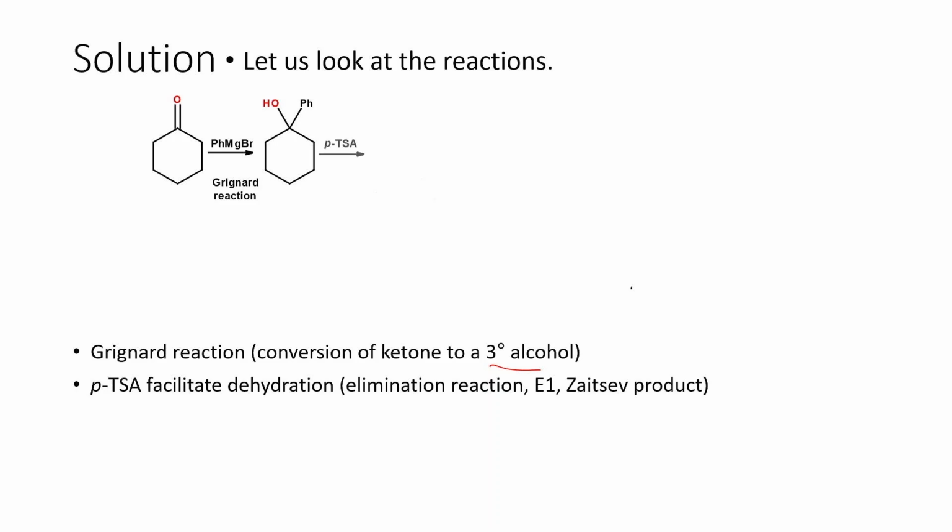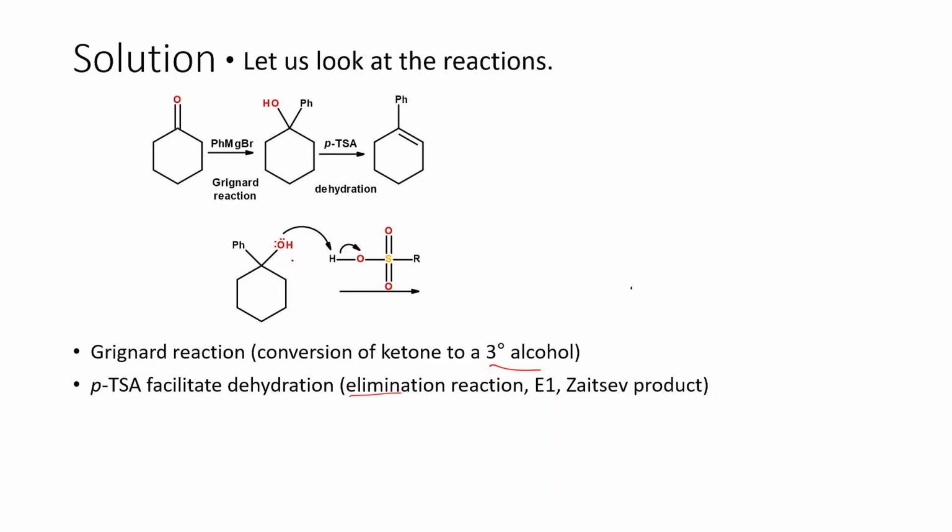And in the second step, we are carrying out the elimination reaction. If you look at how the reaction proceeds, the alcohol is treated with para-toluene sulfonic acid. This hydroxy group has a lone pair of electrons, which abstracts the hydrogen atom, with the O-H bond getting broken towards the para-toluene sulfonate.